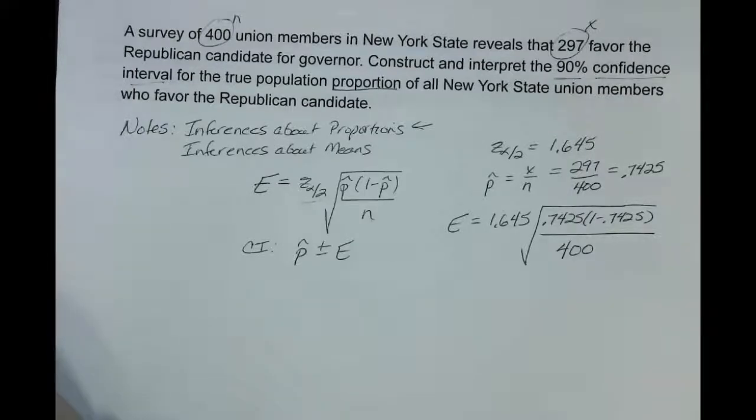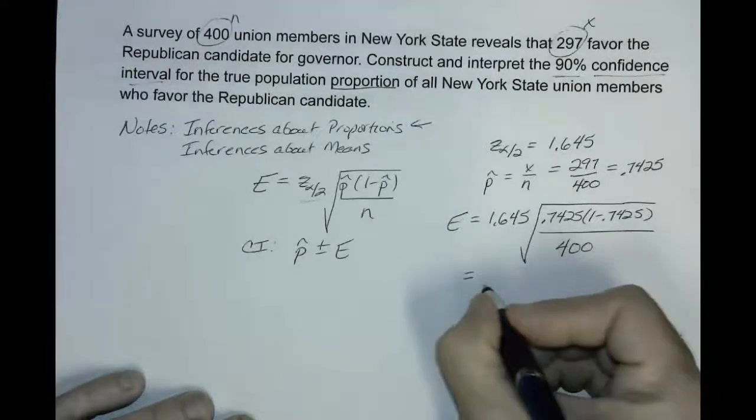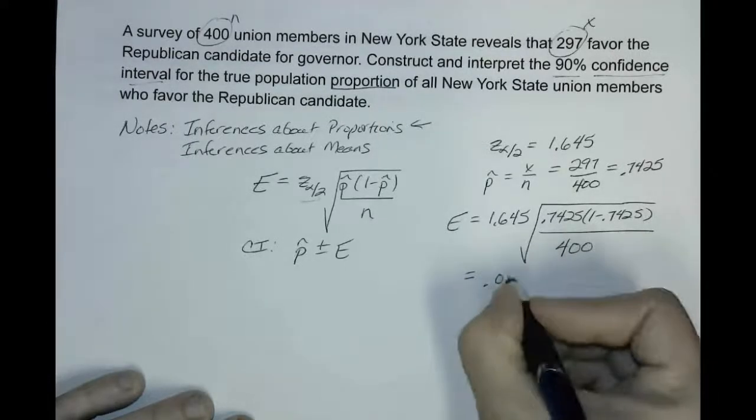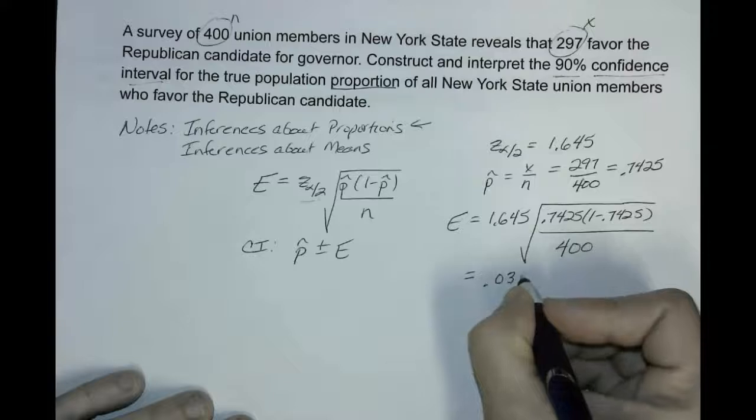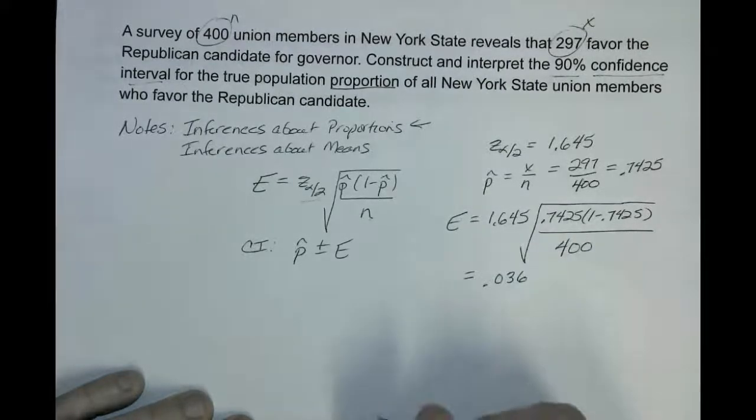And I usually just put this all in my calculator in one step. That way I don't have to worry about trying to round things or anything. Okay, so I got my margin of error. If I round this to 3 decimal places, I get 0.036.